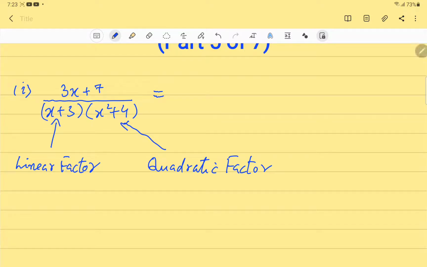First, we write the linear factor partial fraction, which is A over (x + 3), and for the quadratic one it will be Bx plus C, divided by x² + 4.